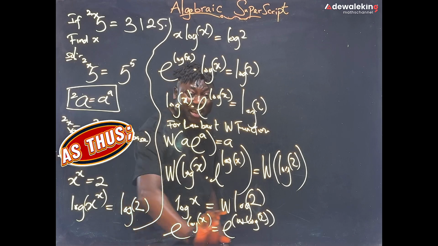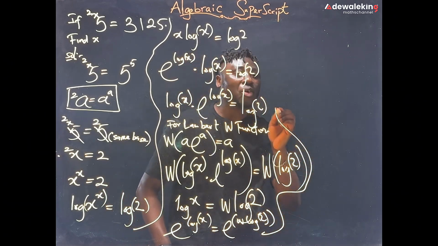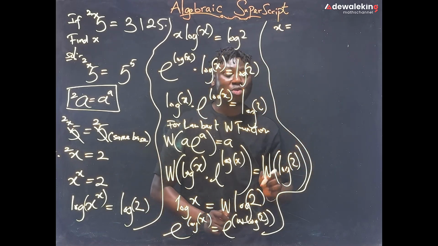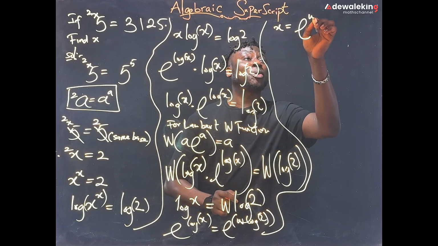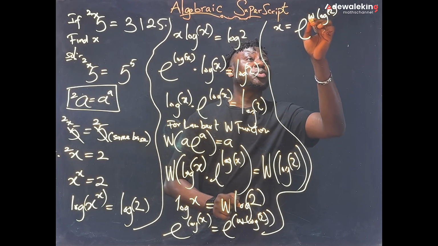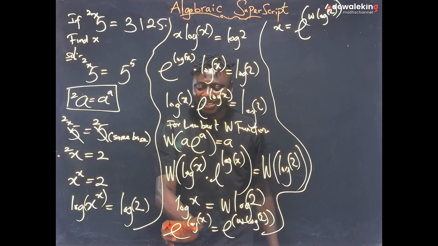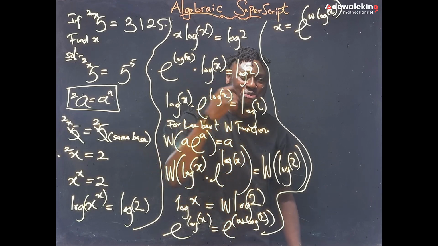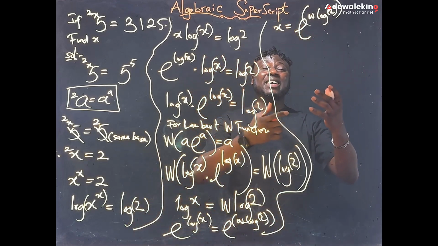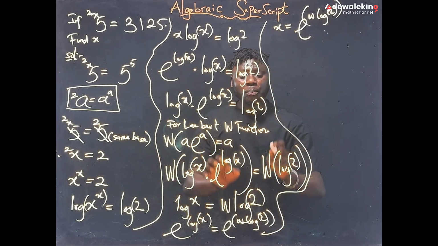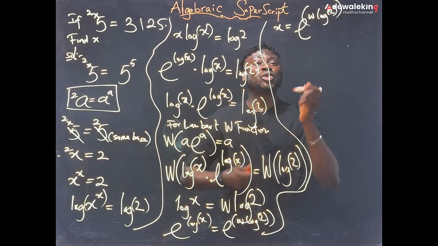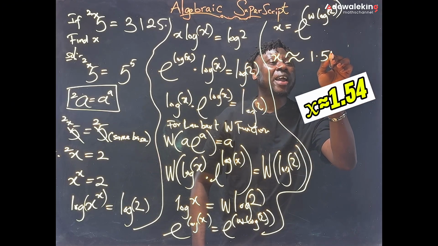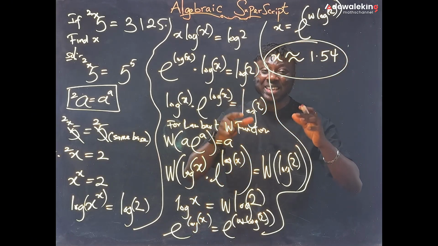So from here, we can move the solution further by saying this will now be x, which is equal to exponential W log 2, because this expression is the same thing as x. I've explained this in my previous video. So this can be taken as the answer to this solution. If you punch this into a calculator, you have x to be approximately equal to 1.54, and this will be the answer.